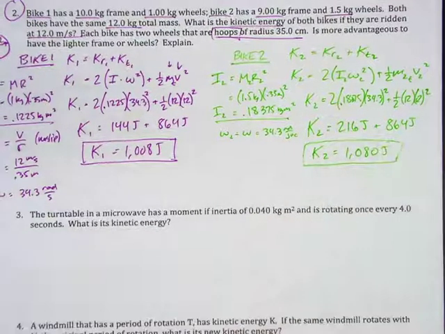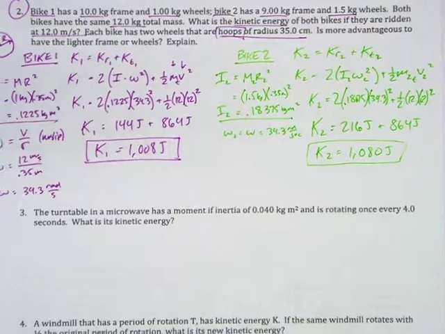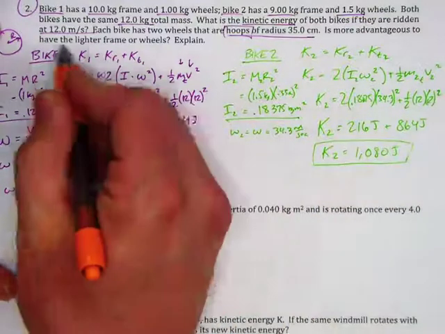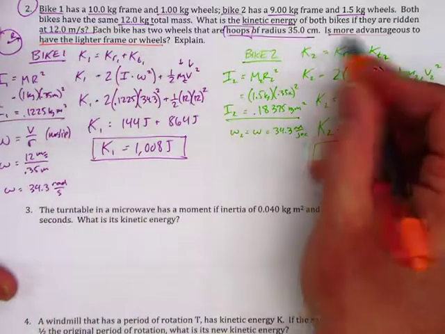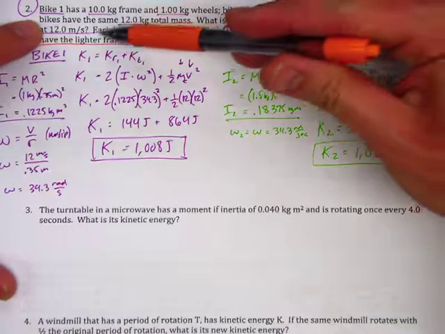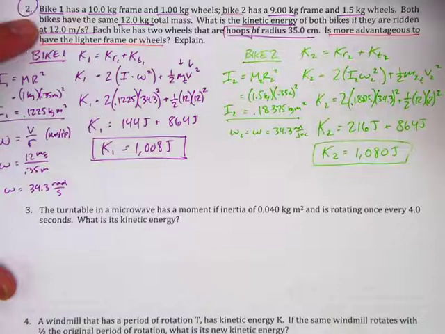All right? Now, which of these is more advantageous to have, the lighter frame or the lighter wheels? So if we look at this, both bikes are moving at the same speed. So you're going to get to your destination in the same time on either bike if you're moving at the same speed.